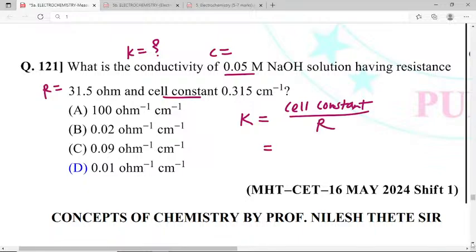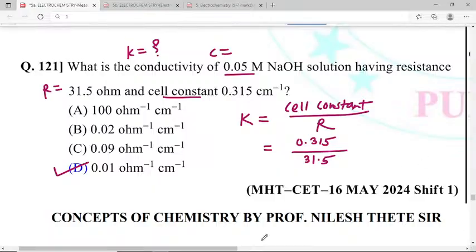What is the cell constant? 0.315 divided by resistance 31.5. Answer 0.01. Shift the point.